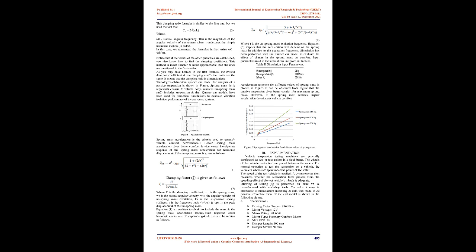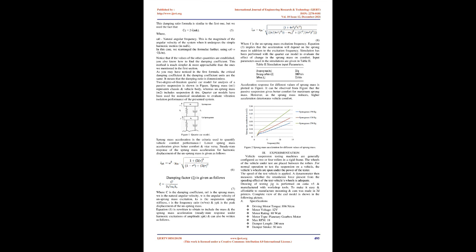If the damping coefficient is any less than the critical damping coefficient, the result will be less than 1 and imply that the system is underdamped, as expected. (4) Where m is the suspended mass, in kg, and k is the spring constant, as seen in Hooke's law, in N/m. This damping ratio formula is similar to the first one, but we used the fact that Cc equals 2√(mk). (5) Where ω0 is the natural angular frequency.